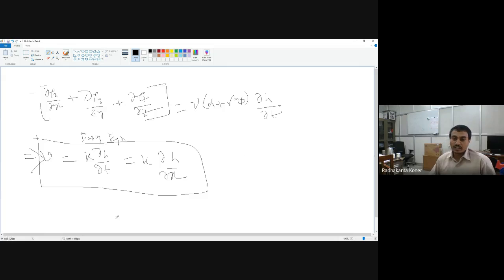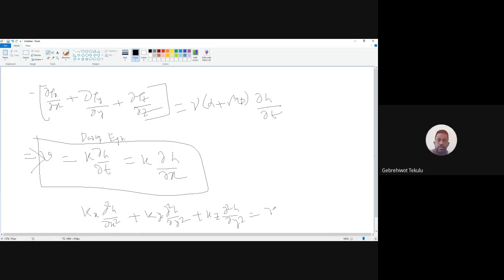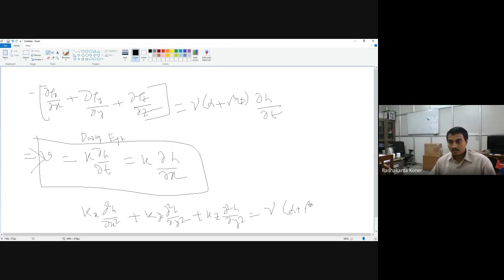Then the basic equation will come like this: kx del square h by del x square plus ky del square h by del y square plus kz del square h by del z square is equal to gamma plus beta, del h by del t.